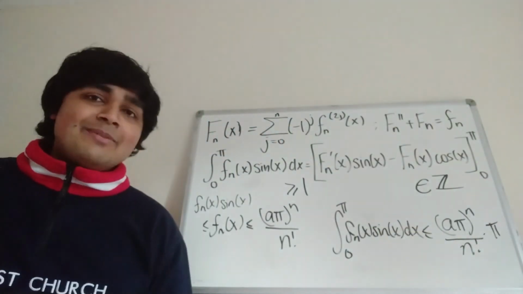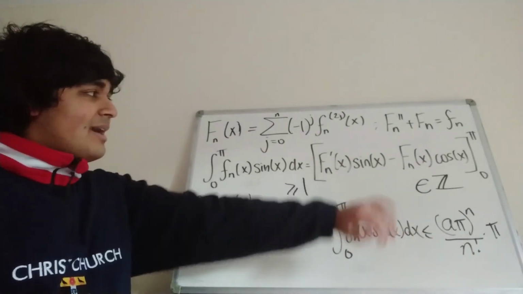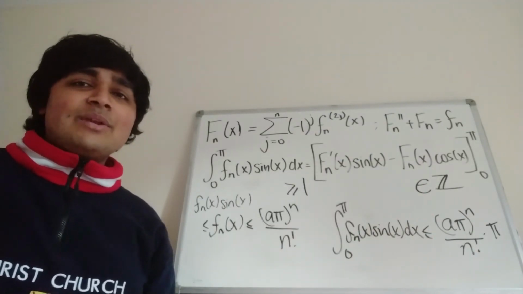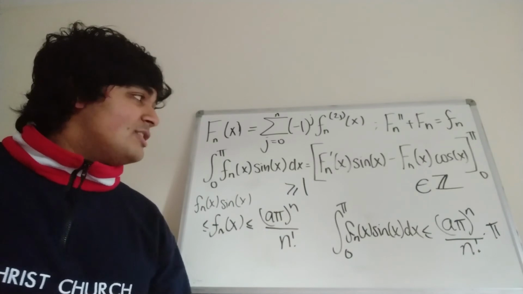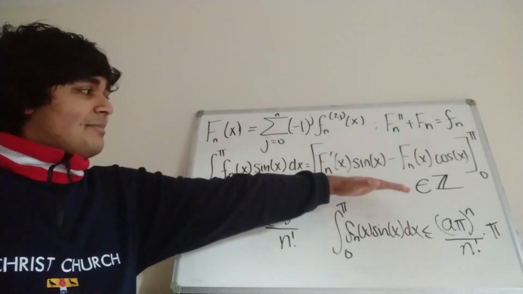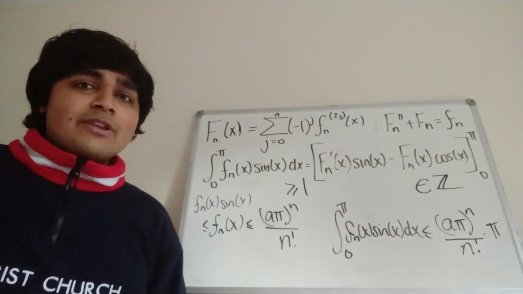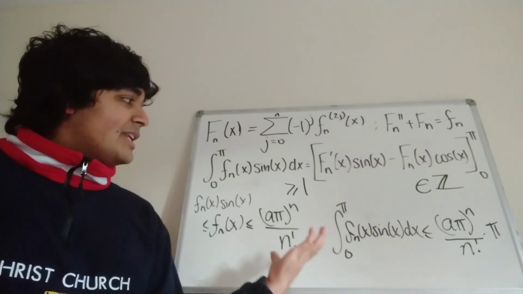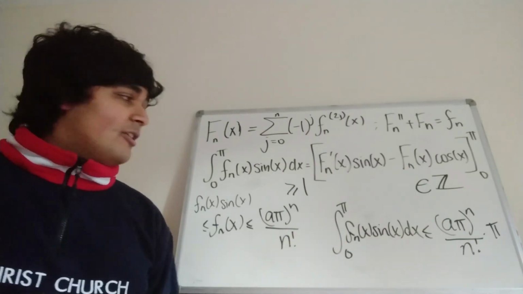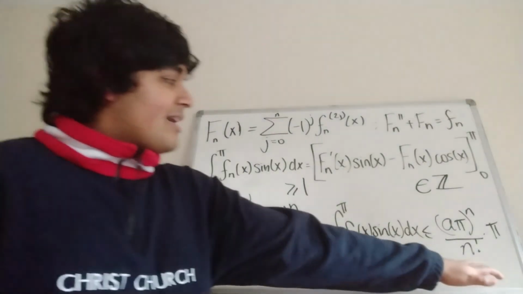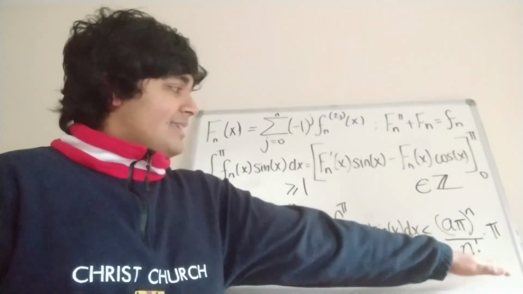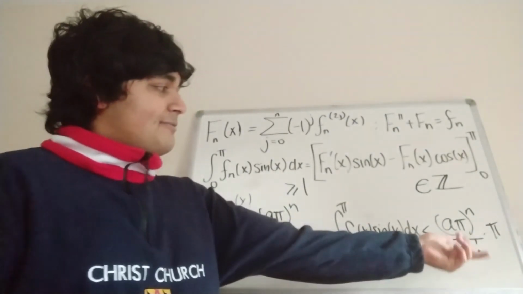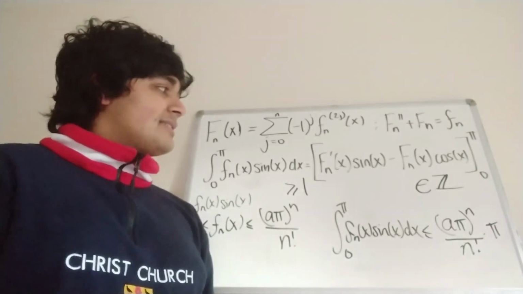But now if we take the limit as n goes to infinity, you notice up until now we haven't actually cared about what n was, apart from the fact that it's just a positive integer. So everything up until this stage applies for every positive integer n. But now what we're going to do is take the limit as n goes to infinity of both sides, and notice that this right hand side goes to 0 as n goes to infinity, because factorials grow faster than exponents.